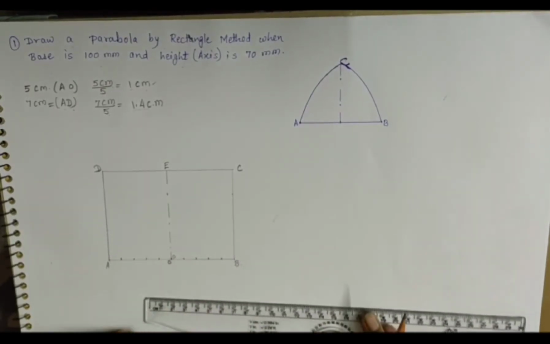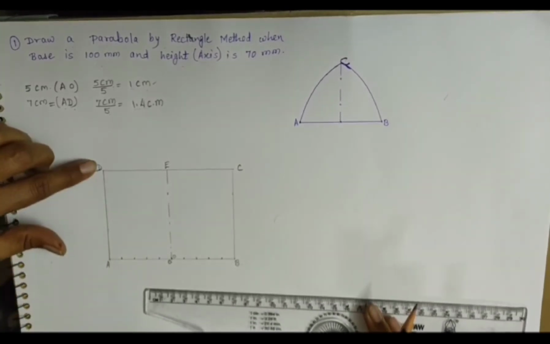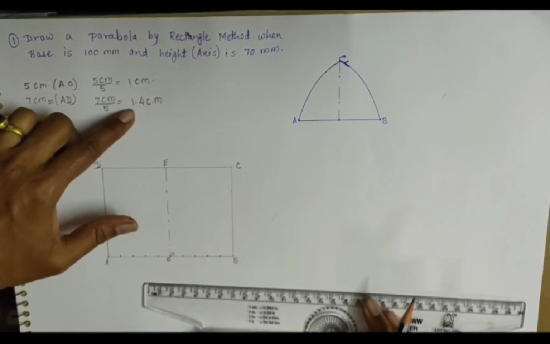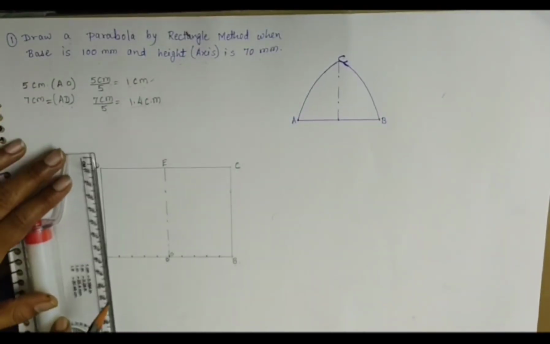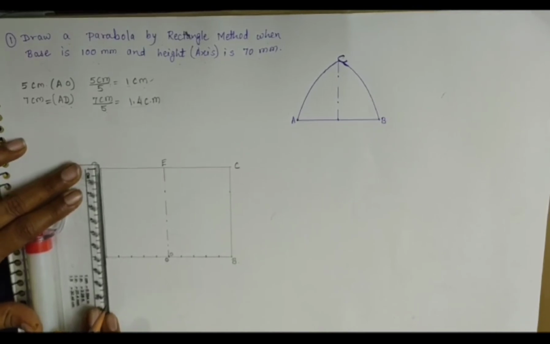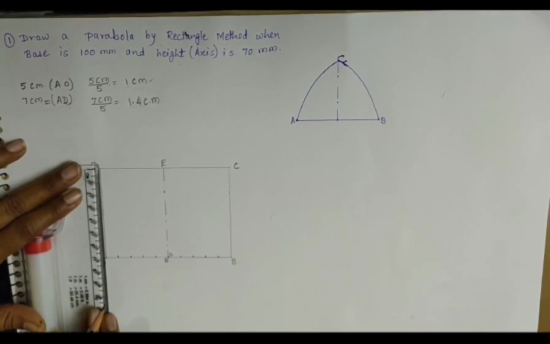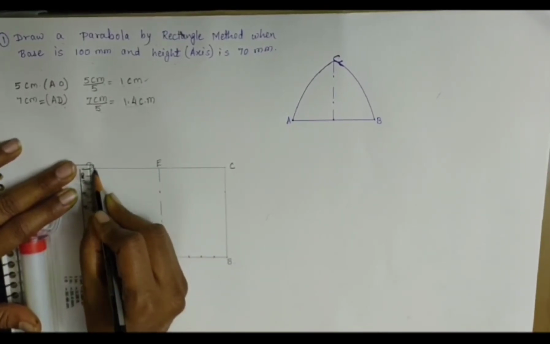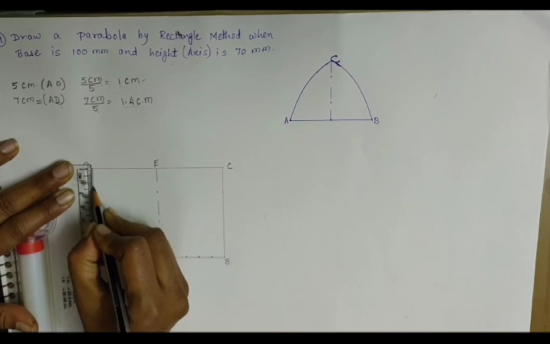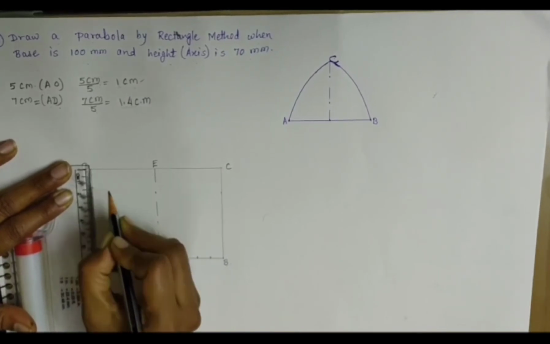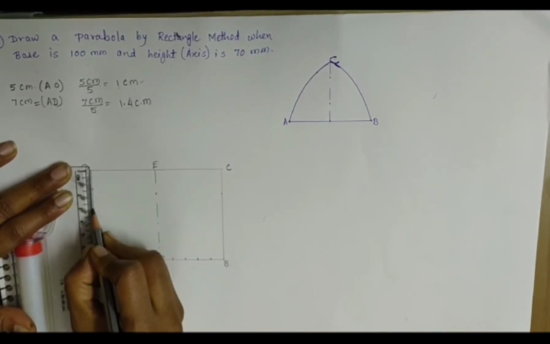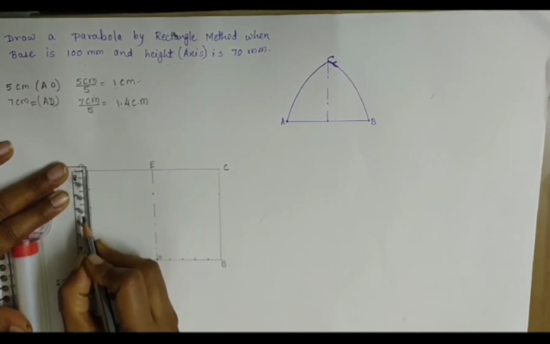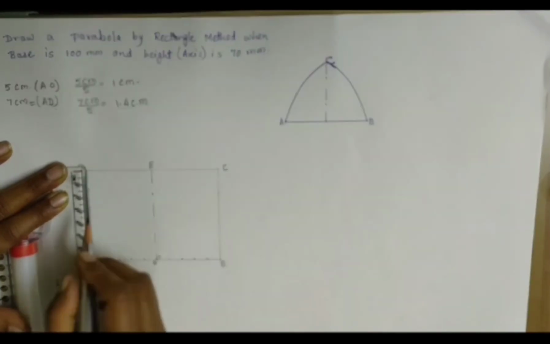Now in the same way, this AD line should be divided into 5 equal parts also and each part will be of 1.4 centimeter. So we will put the scale here and take the distance of 1.4 each. This is the first part, 1.4, then 1.4, then again 1.4.